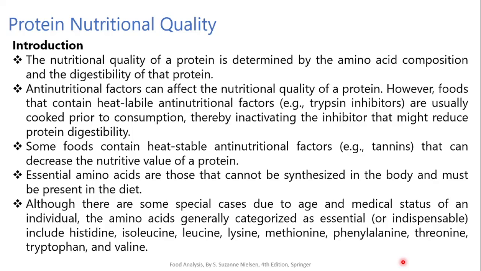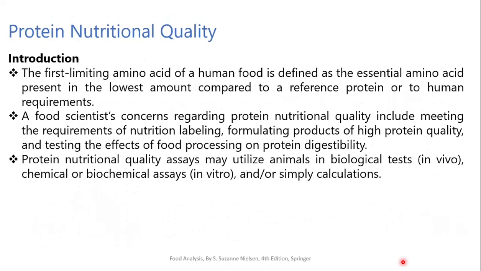The essential amino acids are those that cannot be synthesized in the body and must be present in the diet. So these are the essential amino acids. Although there are some special cases due to age and medical status of the individual, the amino acids are generally categorized as essential or indispensable, which includes histidine, isoleucine, leucine, lysine, methionine, phenylalanine, threonine, tryptophan, and valine.